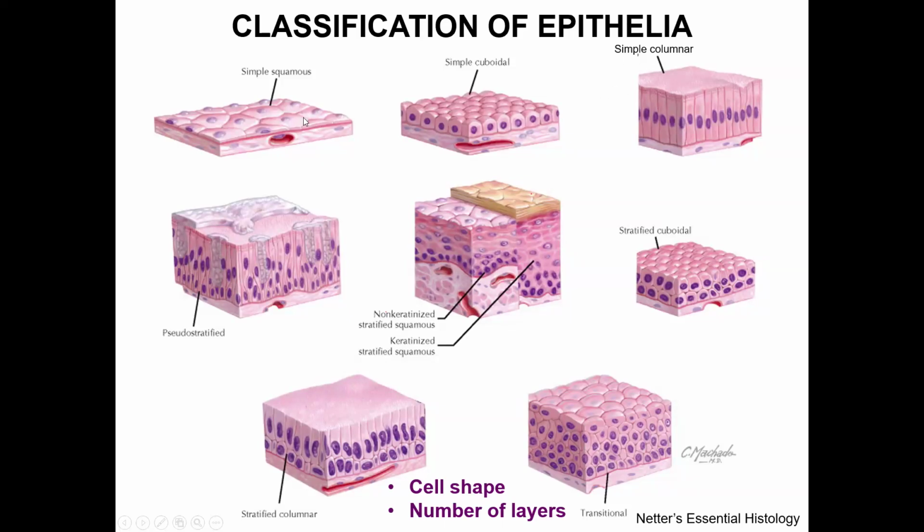What you see in each of these images are the epithelial cells that lie on the basement membrane. This reddish line that you see here in each of these drawings is the basement membrane. And in all epithelia that are simple epithelia, all the cells are attached to a basement membrane.